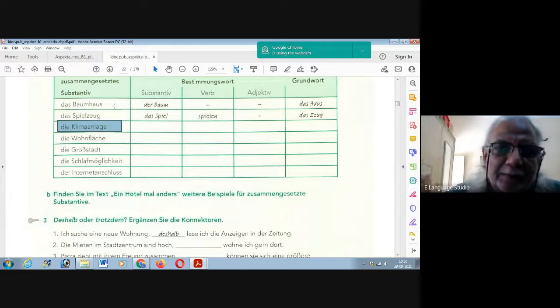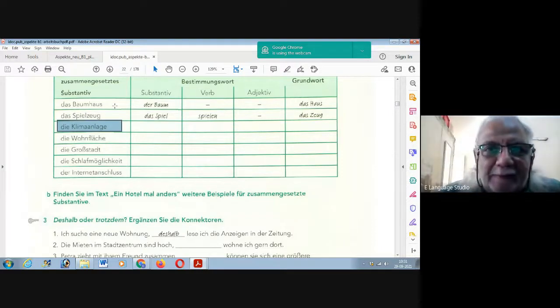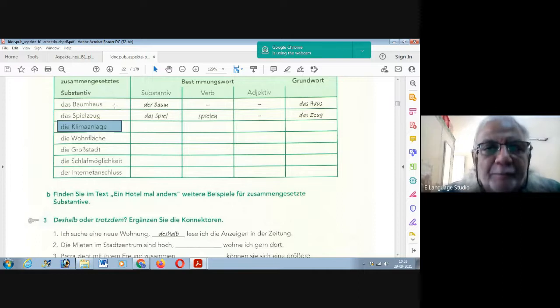What is a tree house? It is built on the tree, it is made up of wood, and it is very small in size. Right? That is too much detail. Basically, it's a house on the tree. Correct? Yes, sir. So use it in that manner. And house of them Baum.